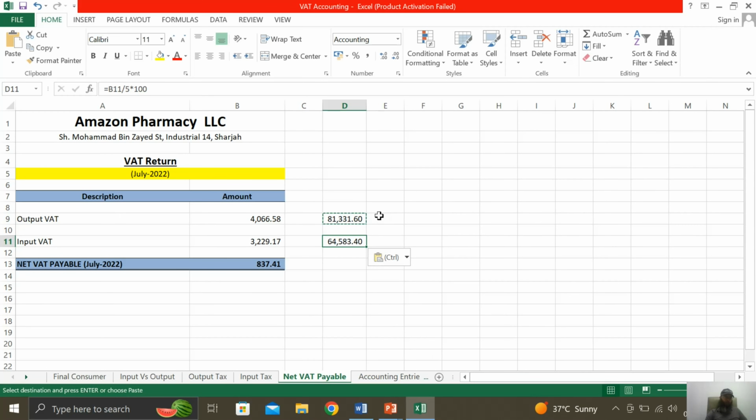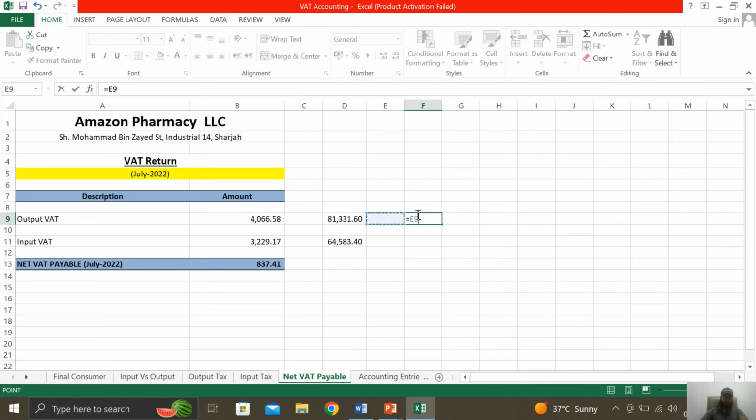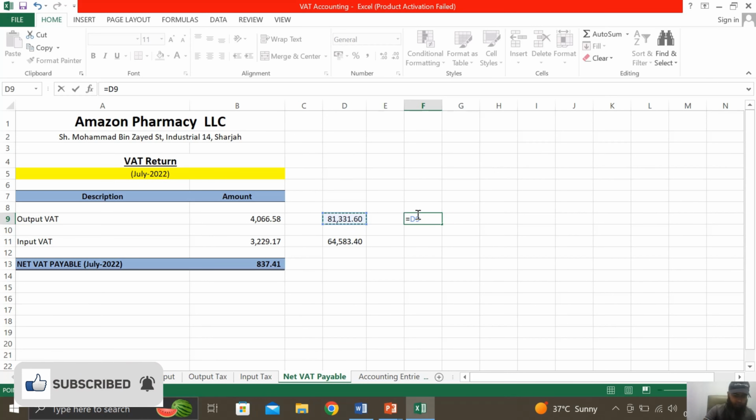If your software is not providing you this report, you can calculate this amount using this formula. To double check that this amount is correct, just calculate again the VAT at the rate of 5% on this amount.